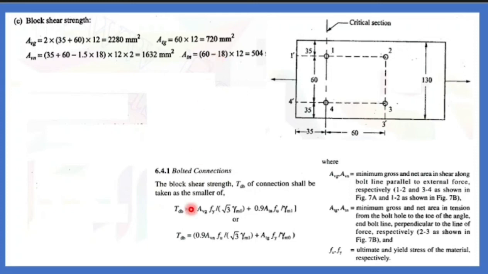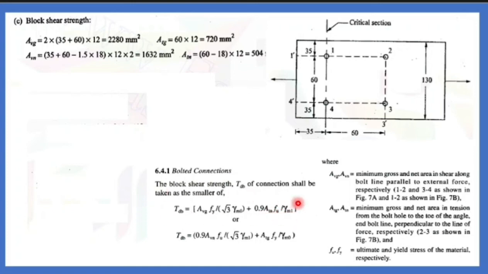Atn. Now in this formula you can substitute what is Avg. You have all the values. Fy is 250, root 3, gamma M0 is 1.1, 0.9, Atn is 504, Fu is 410 divided by gamma M1, which is 1.25.